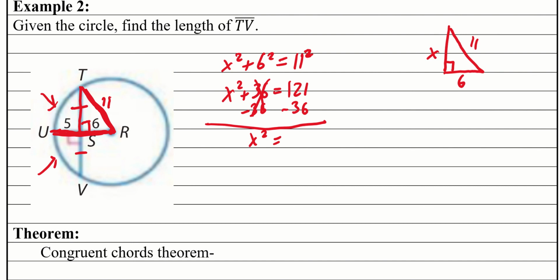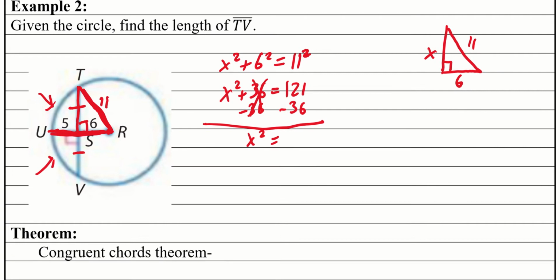And I get x squared equals, and I have 121 minus 36. Again, some good mental math practice here. This would be 75 to start. Okay, making sure I did that correct. 81, yep. Or actually, I'm sorry, this is going to be 85. There we go. That looks better. Okay, 85 here.